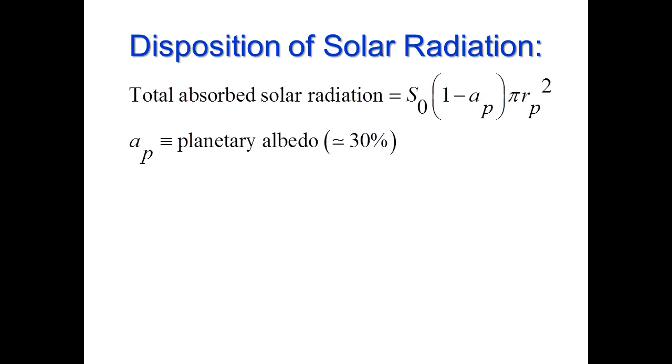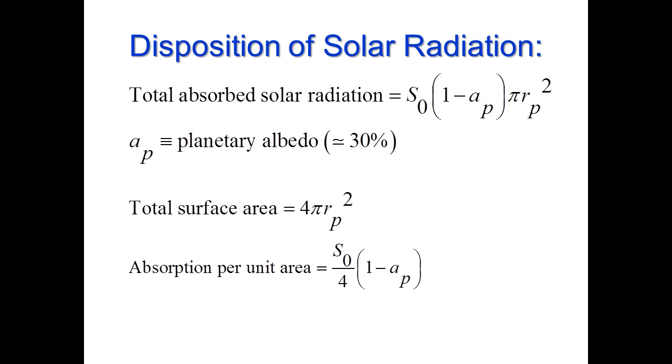So the total absorbed radiation is just the solar constant times 1 minus the albedo times the amount of radiation intercepted by the disk of the Earth, which is just pi, times the radius of the planet, r sub p squared. So the total surface area of the sphere is 4 pi r sub p squared.